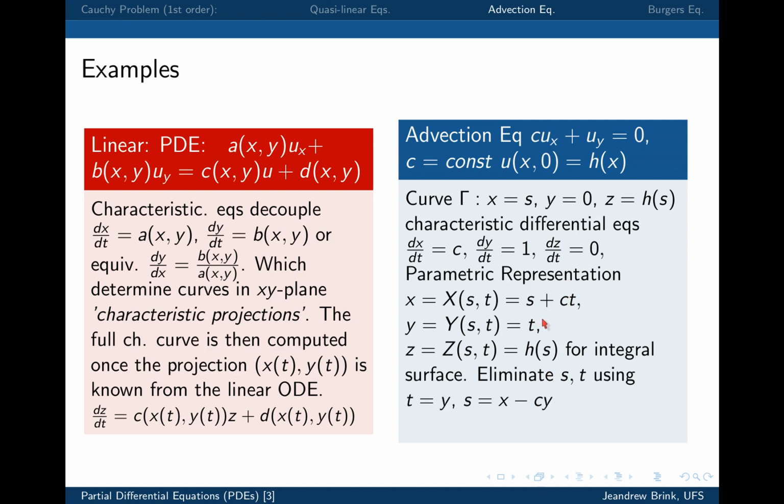Okay. So that comes from the second equation. s is equal to x minus cy. So we actually have the complete inverted version of what our parameters are now in terms of the coordinates. And the moment you do that, you can use that to put it back into z, and you have that the solution is z is equal to some function h of x minus cy.